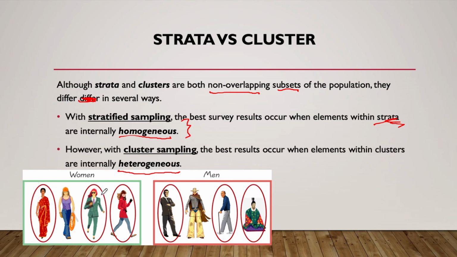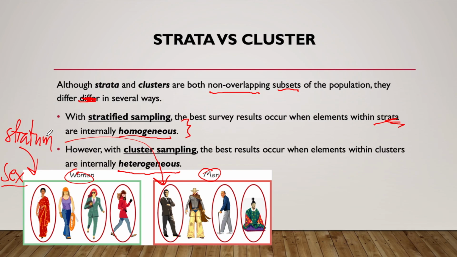So first here, this is a stratum, and this is also one stratum. We characterize them by sex, for instance. These are all women here, and these are all men here. Again, in stratified sampling, we still need to choose our n using simple random or systematic random.